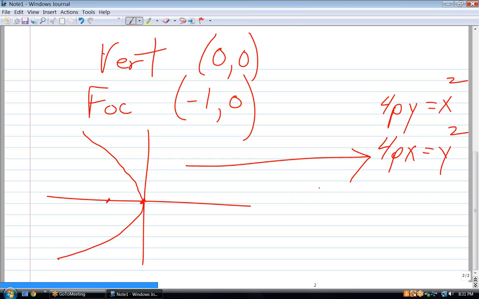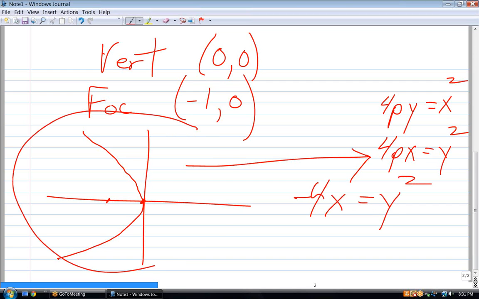Plug in -1 for p. So -4x equals y squared gives us that parabola precisely.